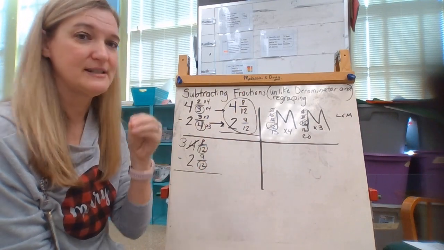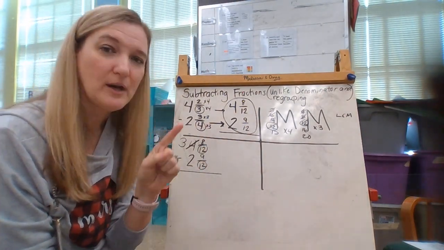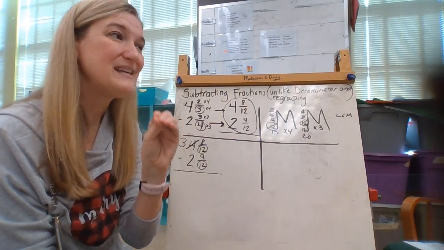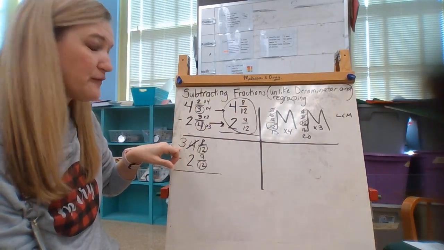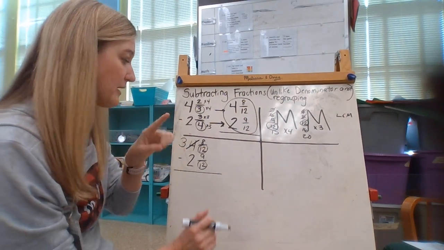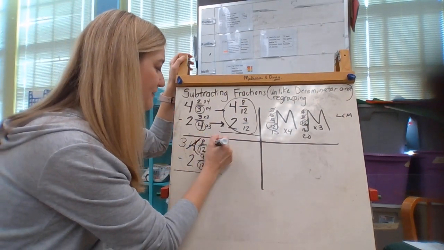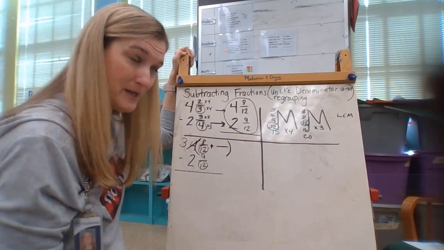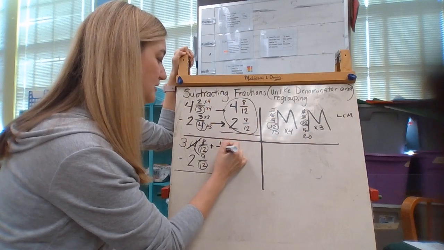If I had a denominator of 6, 6 6ths would be 1 whole. Well, I have a denominator of 12, so 12 12ths is equal to a whole. So if I borrow it from this 4, and the 4 becomes a 3 because I'm borrowing 1 whole, I have to add that 1 whole in a friendly fraction form of 12 12ths.